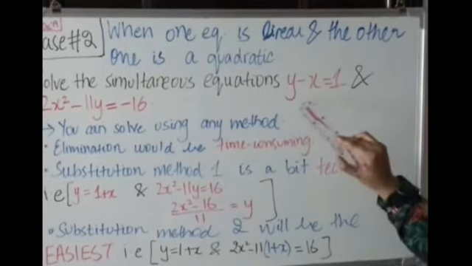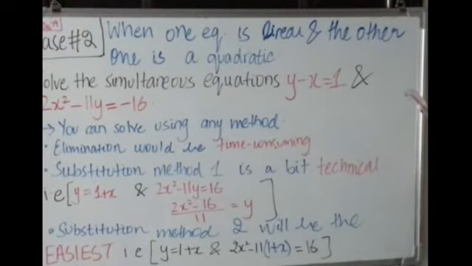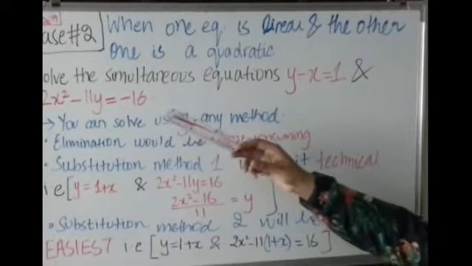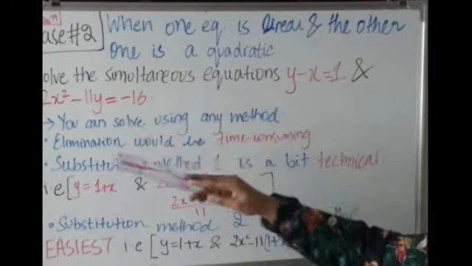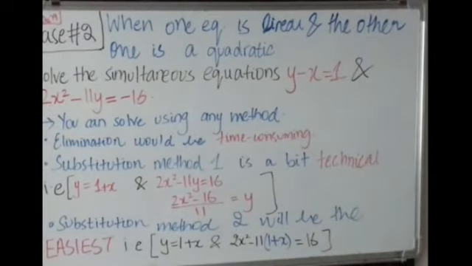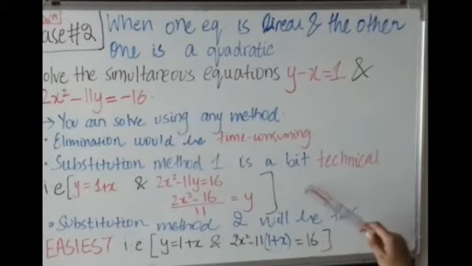So y is equal to 1 plus x, and then this equation is 2x squared minus 11y is equal to minus 16. So you would replace the y with this value, that is y is equal to 1 plus x, and then you can further solve it. So now I will solve this question with this method, because this is the easiest, but you could also do it with this one also.